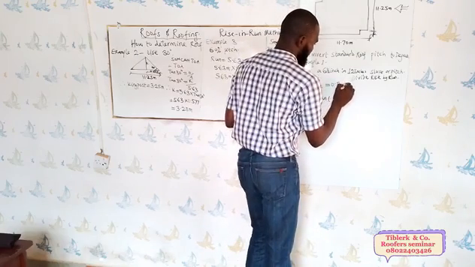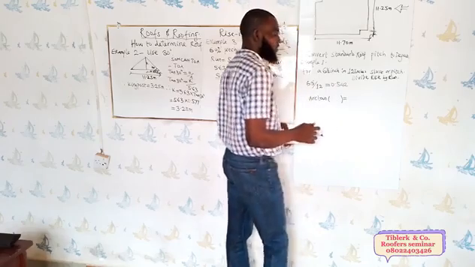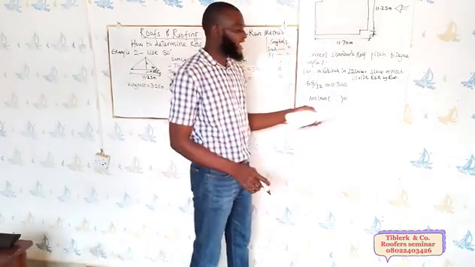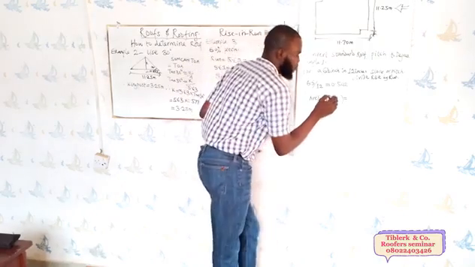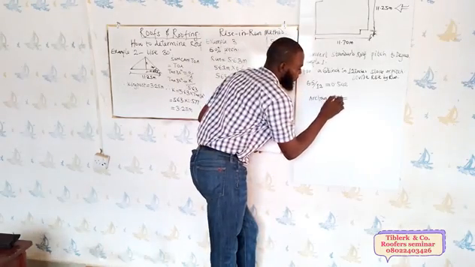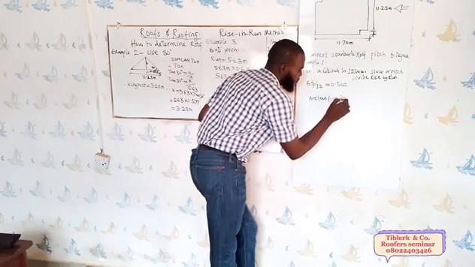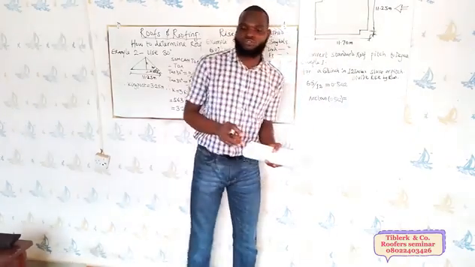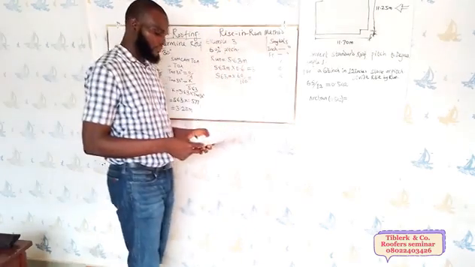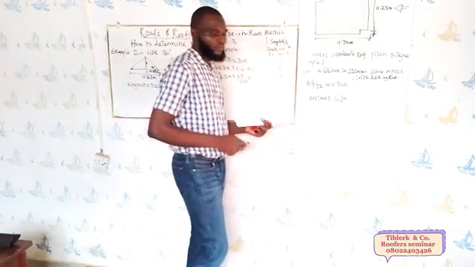0.542. Okay. Good. So all we need to do is find the arctan of this, 0.542. The arctan of 0.542 is what? 28.46 degrees.